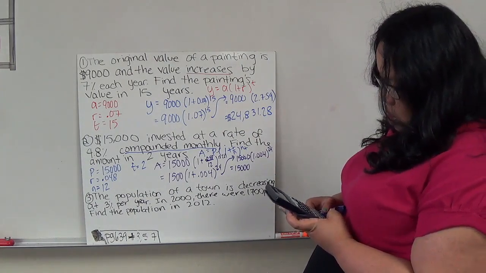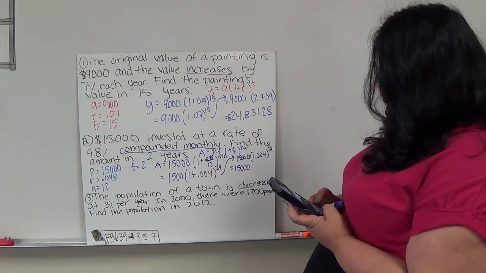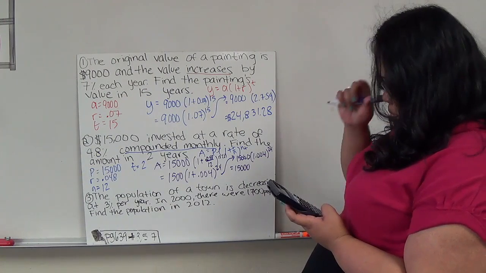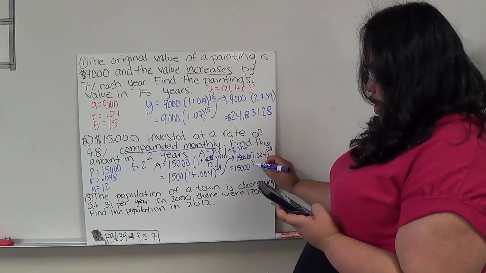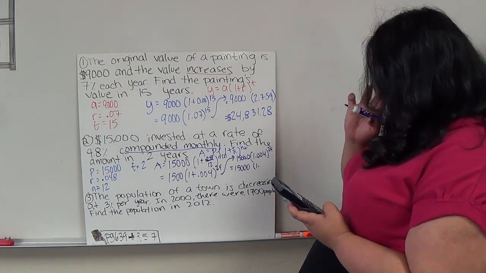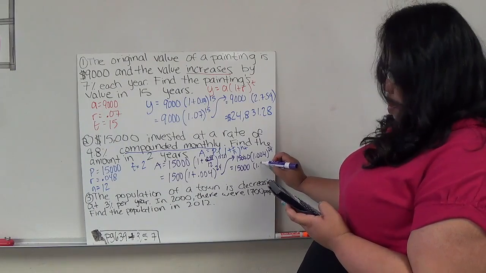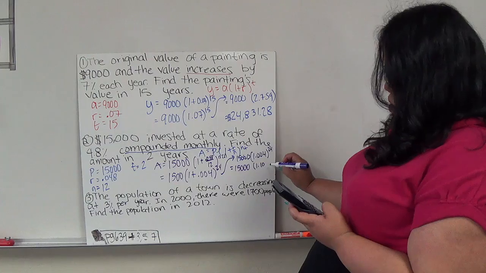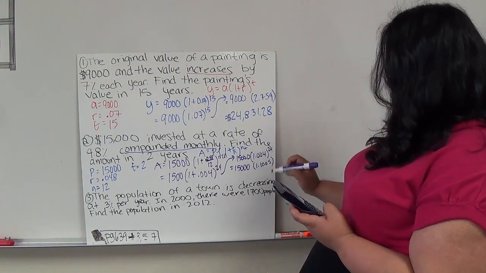So 1.004 to the power of 24, which would give us 1.105, okay?